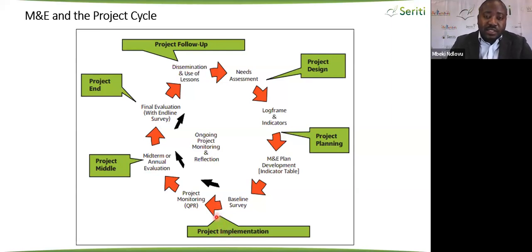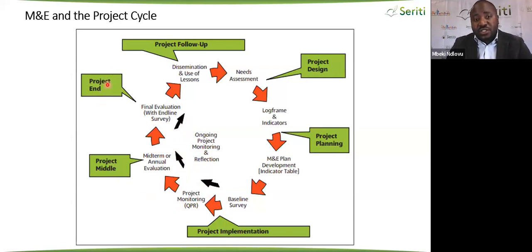So once implementation is started, we can see here the arrows are showing us that there is ongoing project monitoring and reflection as you implement, but ultimately it leads us to either a midterm evaluation or an end of project evaluation.